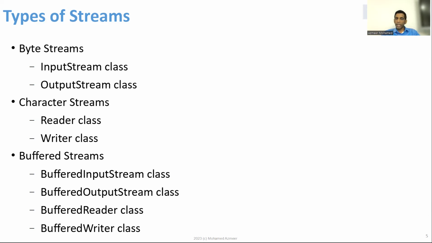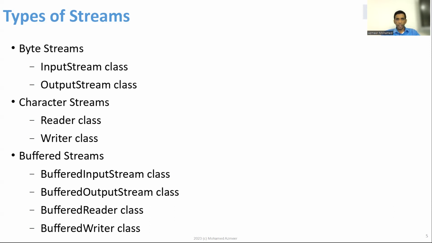The difference is character data, every single unit has 2 bytes, whereas the byte stream, every unit has 1 byte. So just to remember, if I'm using binary data like photos and pictures and videos, then use byte streams. Or including classes and objects if you're storing, we use byte streams. If you're using characters, then we use character streams.